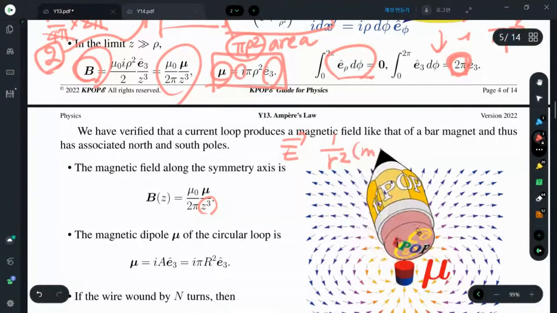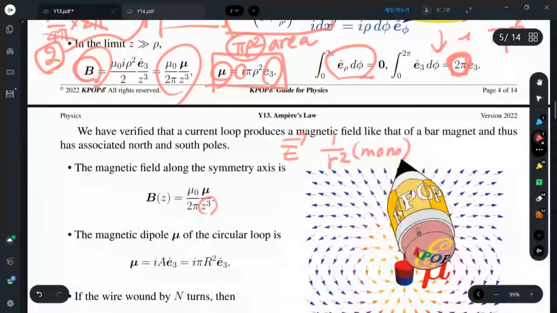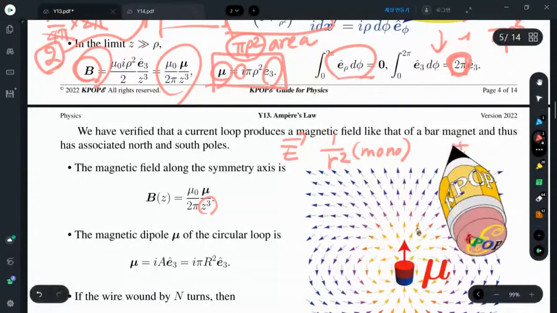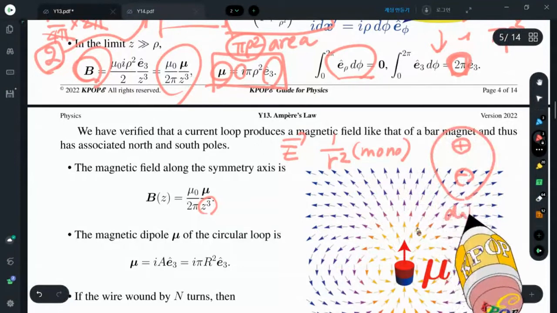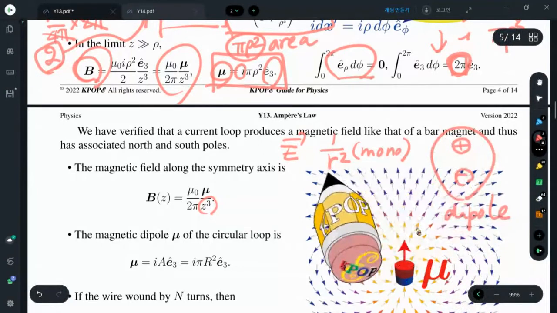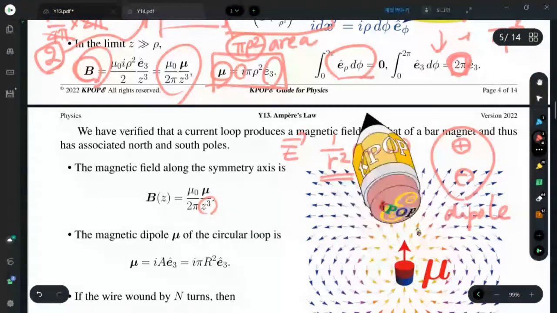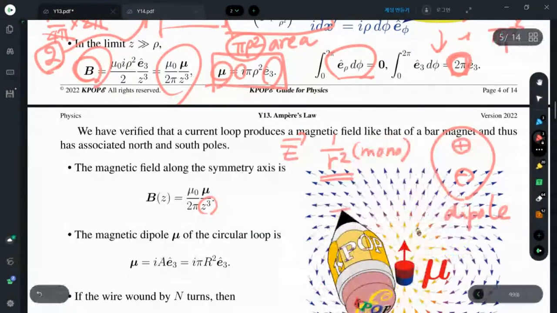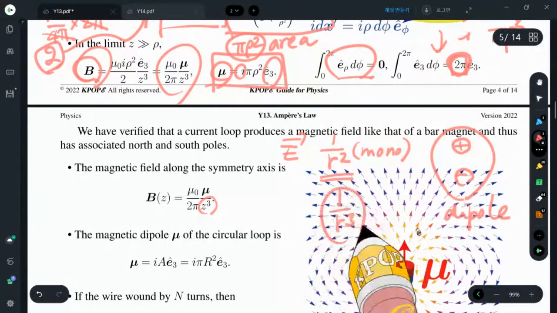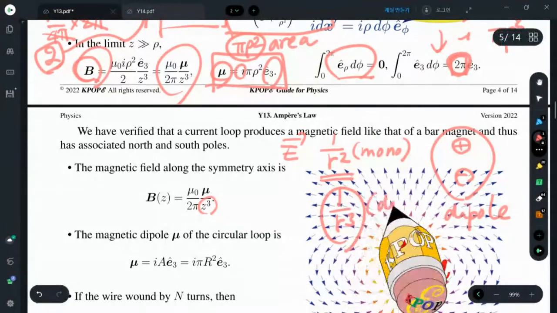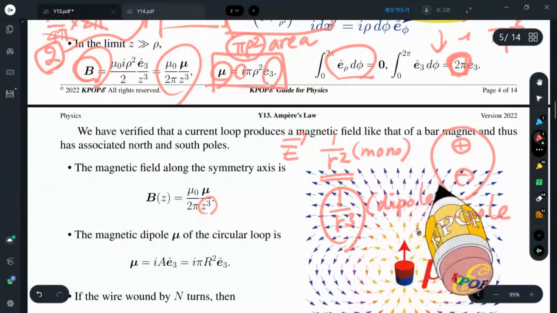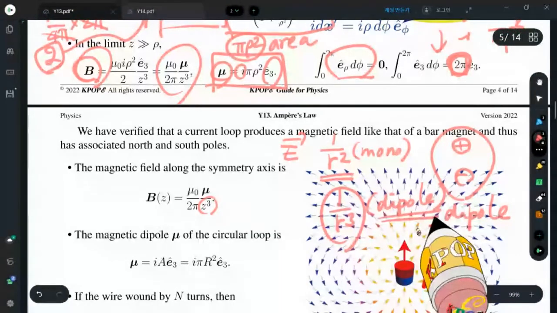This is a monopole. If there are two poles, plus and minus, then it becomes a dipole, and the leading contribution cancels, and the subleading contribution, proportional to 1 over r cubed, survives. This is the electric field strength due to a dipole.